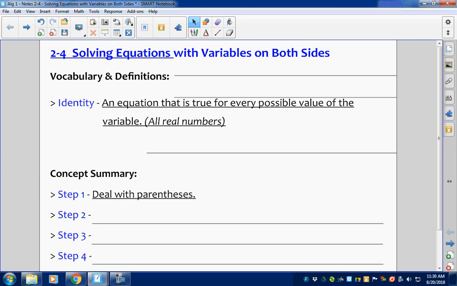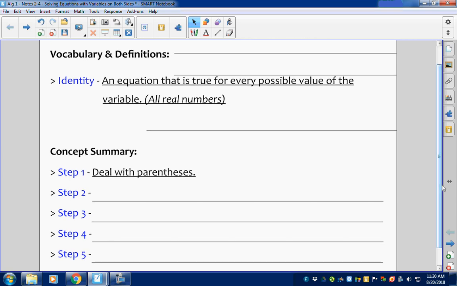So, concept summary. This is a summary of what we've done so far with solving equations, and that is deal with parentheses first. So if you see parentheses in your equation, what do we mean by deal with it? Yeah, do the distributive property. Get rid of them. So deal with parentheses, that's step 1.